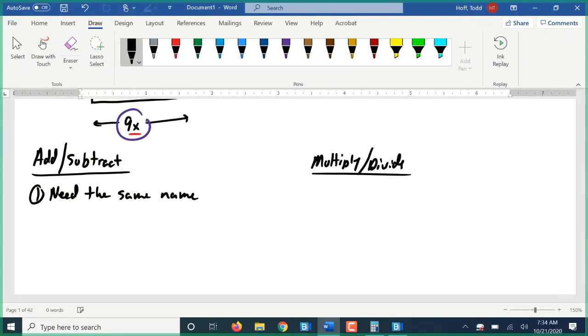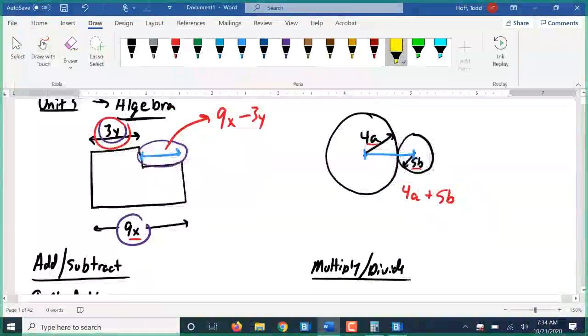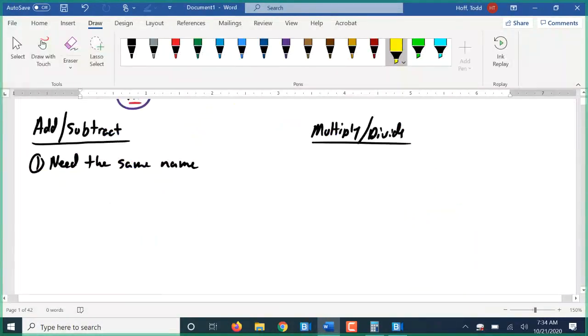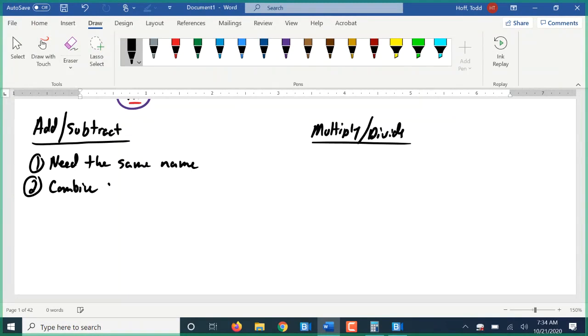Up here, none of these had the same name. 9x and 3y are different names. We couldn't combine them any further than to just put the operation between them. 4a and 5b have different names. One is an a and the other is a b. So we couldn't combine them any further other than to just put the addition in between them. We combine counts, and then we keep the same name.